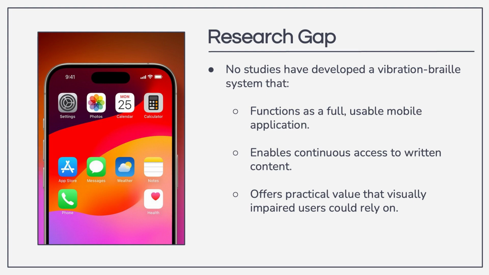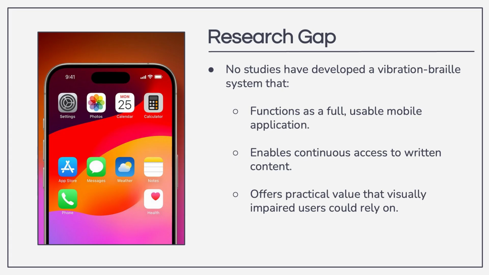And so that is the primary research gap that I've identified: there's no comprehensive mobile application that employs vibration-simulated Braille in a way that effectively conveys meaningful information, not just single letters, to visually impaired individuals that they could genuinely use on a day-to-day basis. And so I sought to fill in this gap.